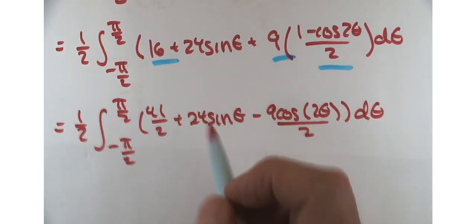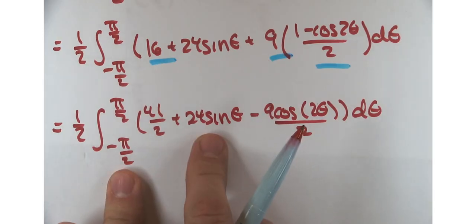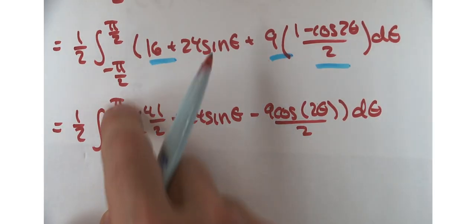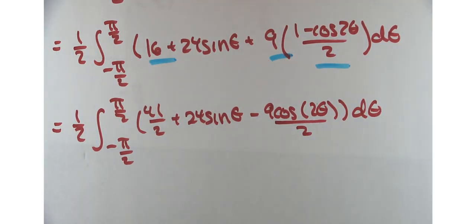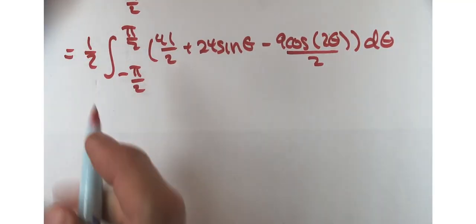Now, if you're really clever, you'll notice that we have a symmetric interval and an odd function. So this part is just going to turn to 0. I don't think that's something a lot of you are going to catch on the fly, so let me work that through.